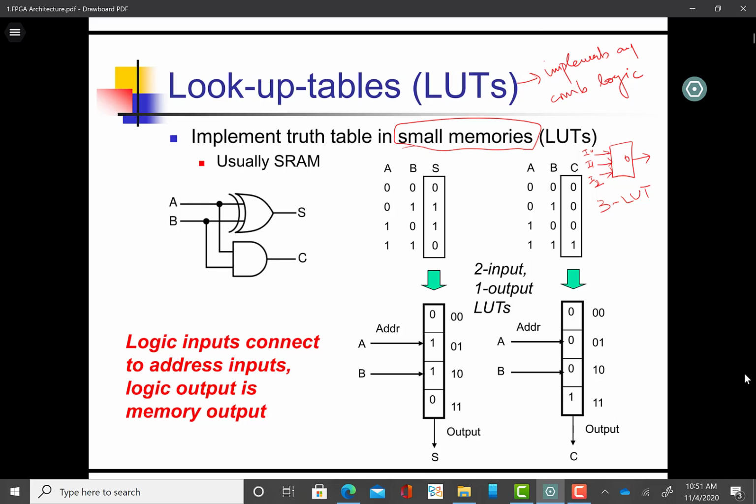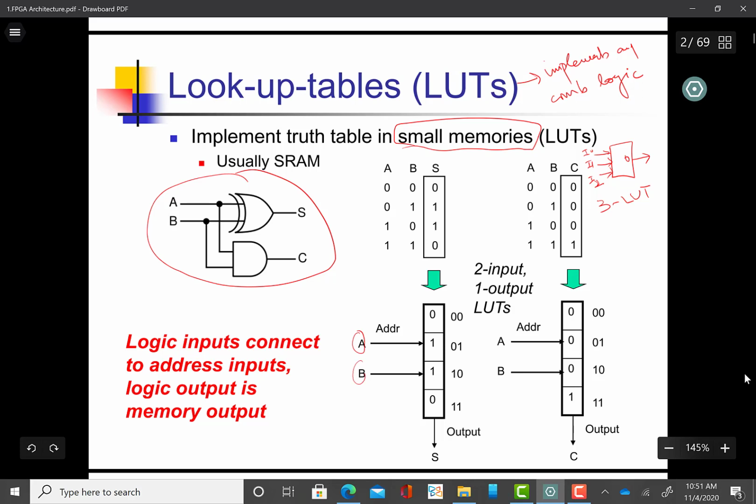So if we have this circuit and we want to implement it on a lookup table, what we need is at least a lookup table which has 2 inputs. So input A, input B are connected to the inputs of the LUT. So this may be our I0, and this may be our input I1.